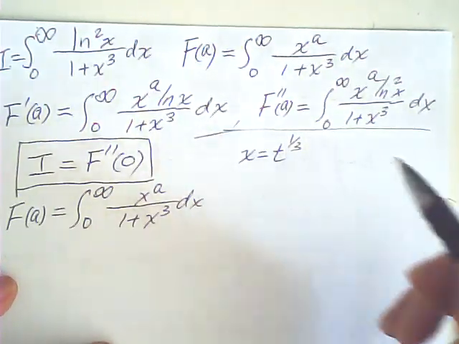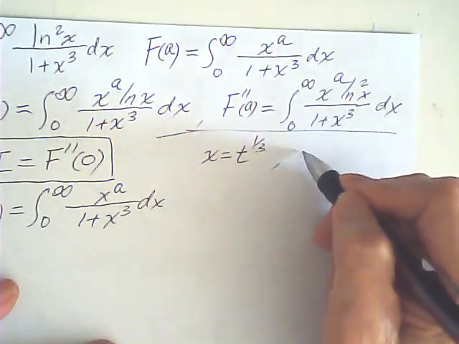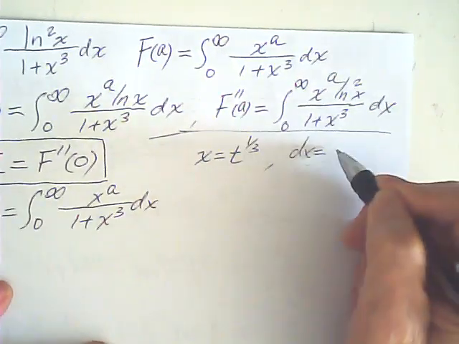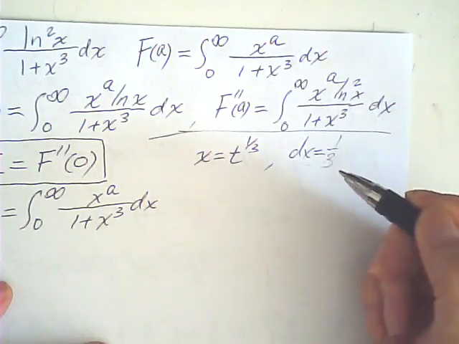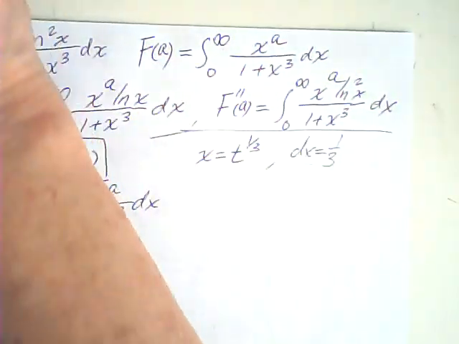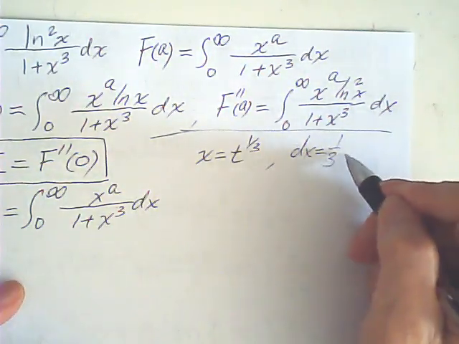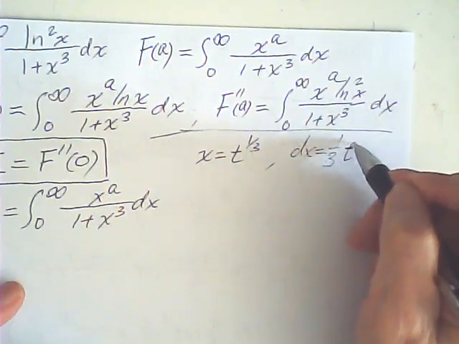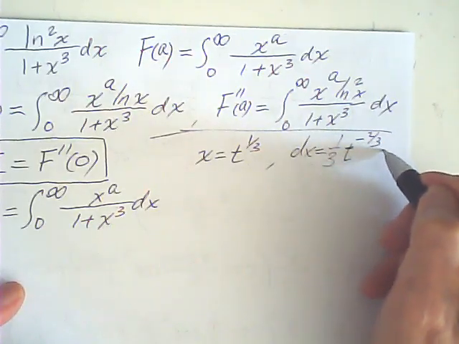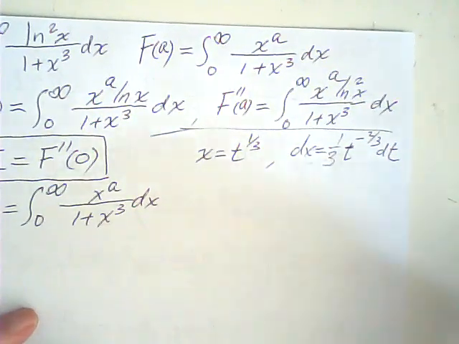Then my dx will be 1/3 t to the negative 2/3 dt.